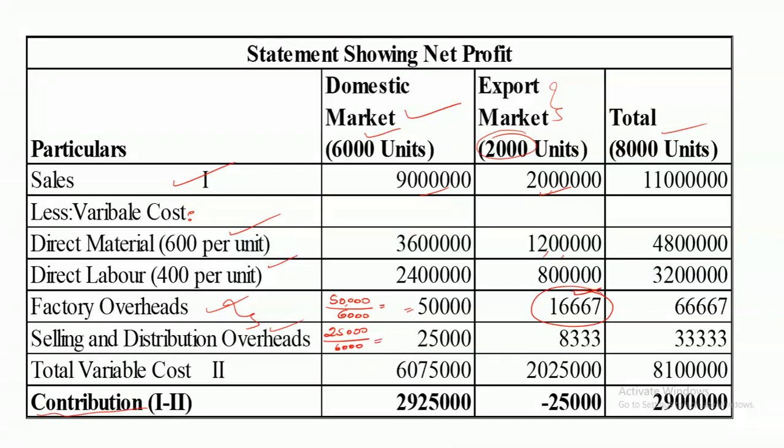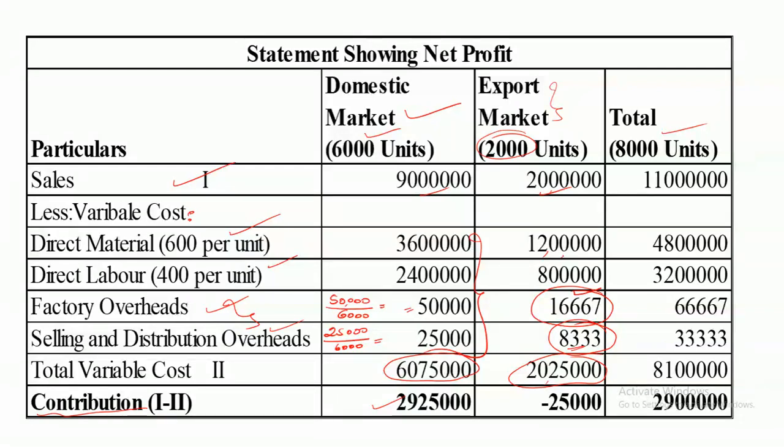You can take that per unit and multiply it with 2,000, so that will come up to 8,333. Once you get all the variable costs, you total them. In the domestic market it comes up to 60,75,000, and in the foreign market it is 20,25,000. And you can take the total of that, and finally calculate the contribution.